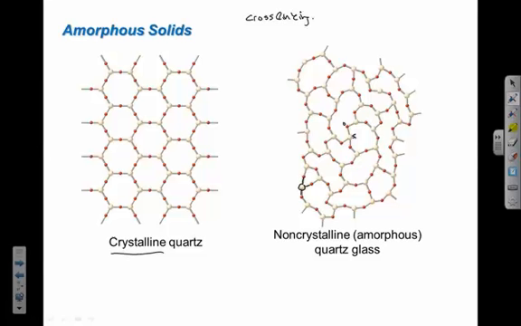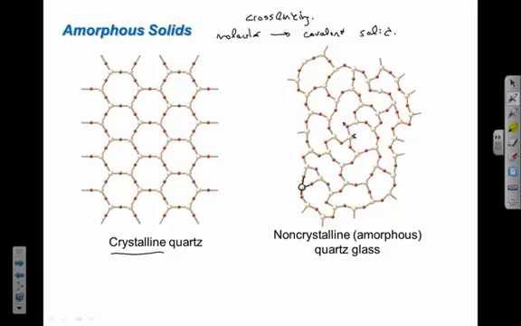Cross-linking is a way of making a molecular solid into a covalent solid. And this is used a lot. It's used in the vulcanization process that makes automobile tires. It's used to make hydrogels, which are used a lot in medicine, and they're also used in soft contact lenses. So there's a lot of things that involve cross-linking.